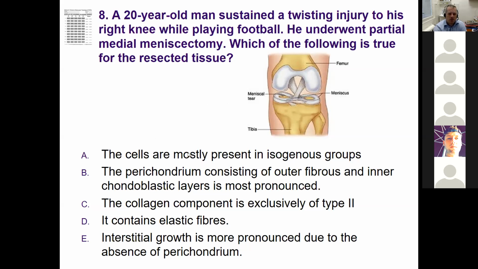And now we care about the histological description of that tissue that has been removed. Which of those statements characterizes the tissue in the best way?